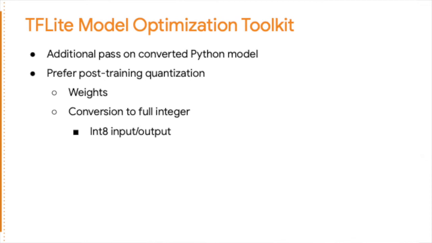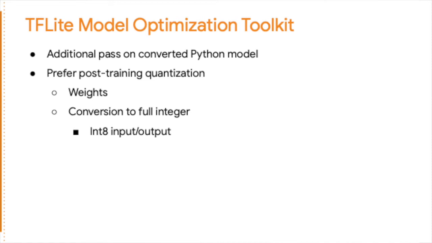The very simplest way to do this doesn't even require that sort of representative data set. If you just quantize the weights down to 8-bit, but then do all of the calculations in the graph in float, then you get a size reduction of 75%. If you really want the full advantages of quantization, though, you want to do that conversion to full integer, which does require supplying some representative data sets.